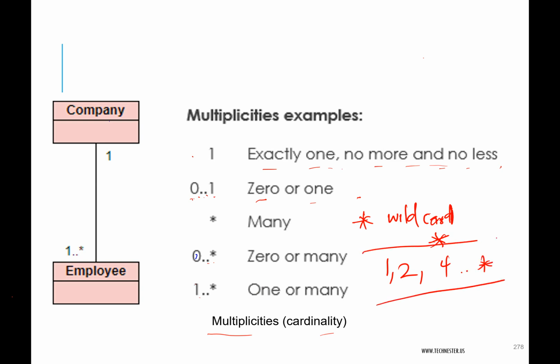Who can explain what this would mean? If I had 1, 2, 4, many, what does that mean? So it means you have 1, 2, 4, and it extends to the wildcard, which is many.